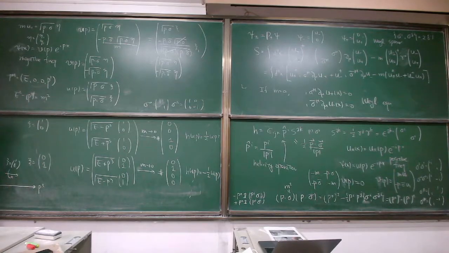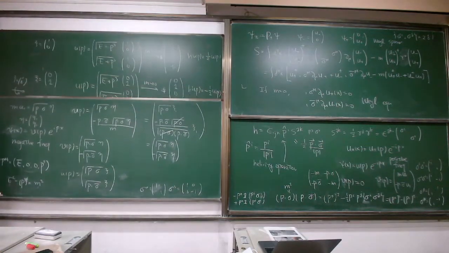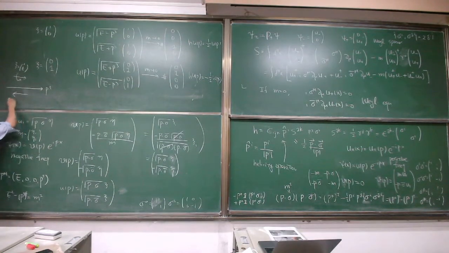On the other hand, C, 0, 1, is the down spinor. Okay, down spinor. It's the opposite direction of P3, and it's called the left-handed spinor. Okay. Do you understand what I mean? It's the left-handed spinor in the P3 direction.